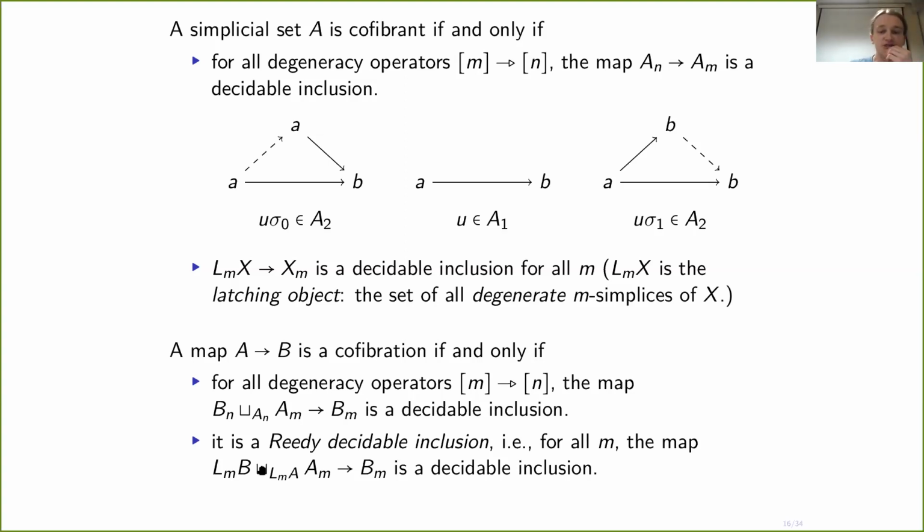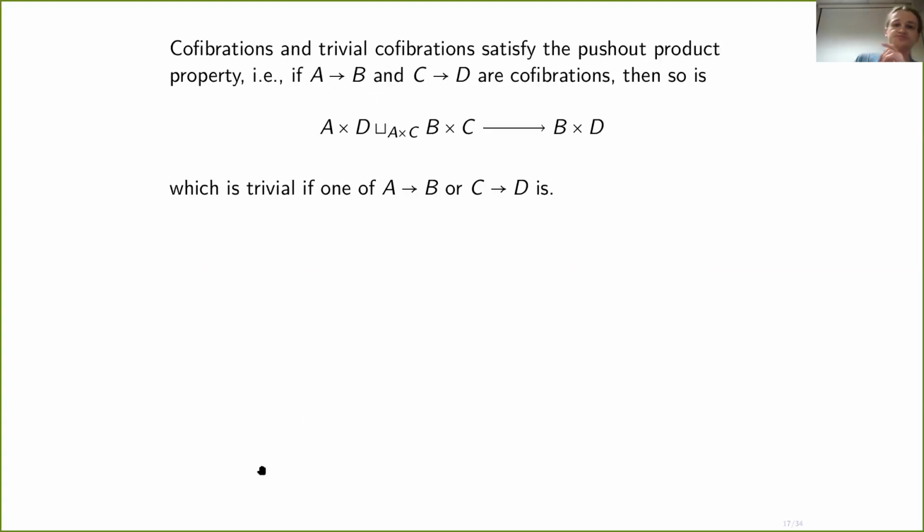So these cofibrations and trivial cofibrations that we have thus produced satisfy a bunch of useful properties. For example, they satisfy the pushout-product property, which says that if I have two cofibrations, then this map, which is like the union of these two products, is a cofibration, and it is trivial if one of those was trivial.